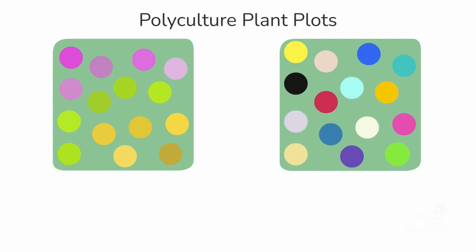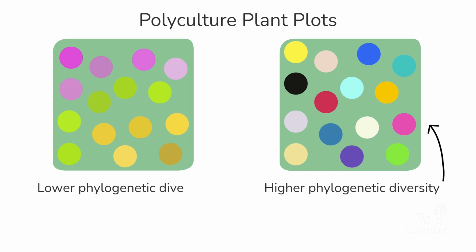And the latter would have what's called higher phylogenetic diversity, which is just a higher representation of the tree of life. So different parts of the evolutionary tree that is better represented by those 15 species that are all from different families than the first group with just 3 different families that are living together.